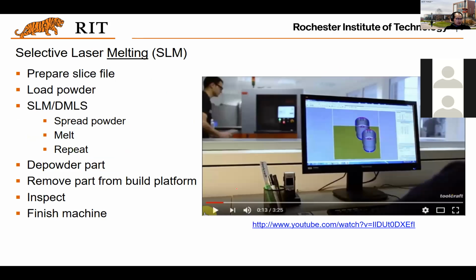So selective laser melting is one of the most popular ones. What it does is it melts the powder using a high power laser, and that's what it does.